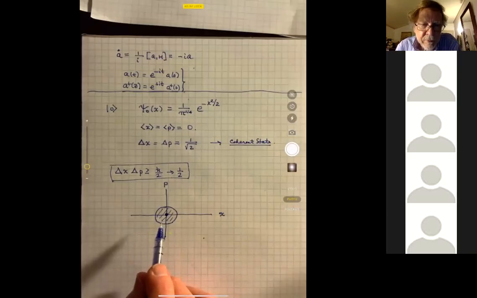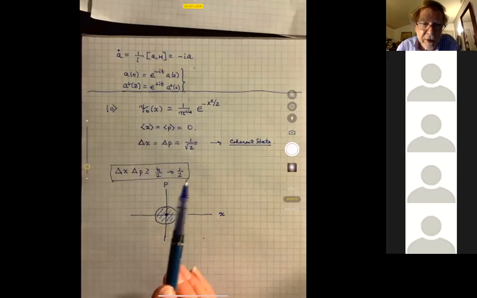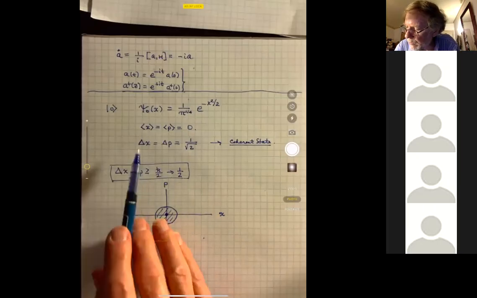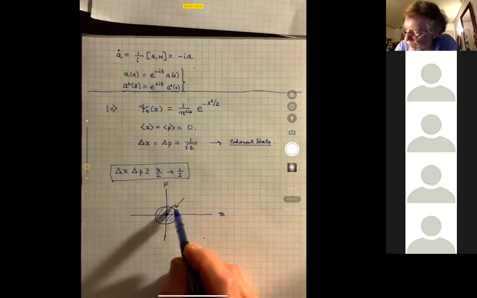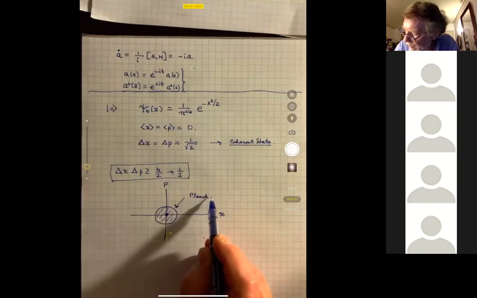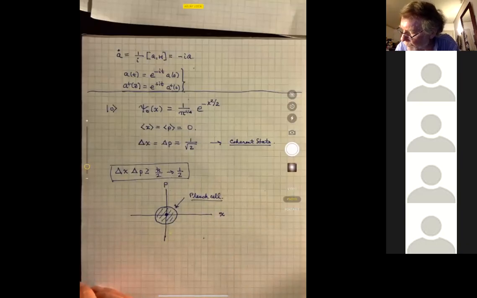It's just a pictorial representation of what happens when you make measurements of position and momentum on this wave function. You get an average value of 0, but you get fluctuations in both x and p, which have some degree of spread. And we know what the delta x and delta p are. In fact, if you want to, you can think of this blob as occupying a Planck cell of area, because that's what quantum states occupy, a single Planck cell. All right.